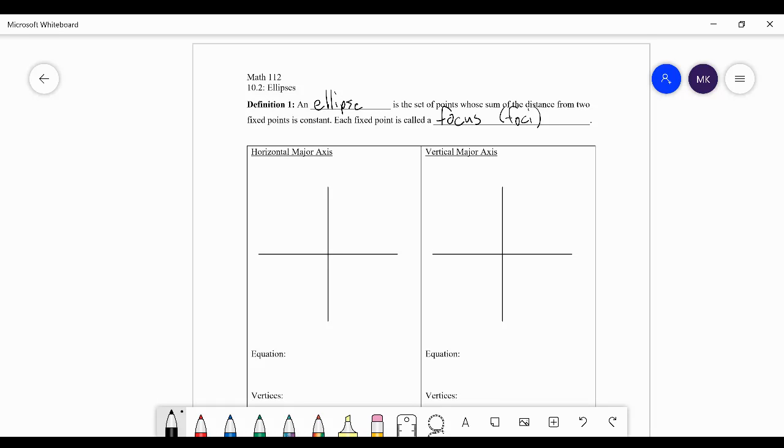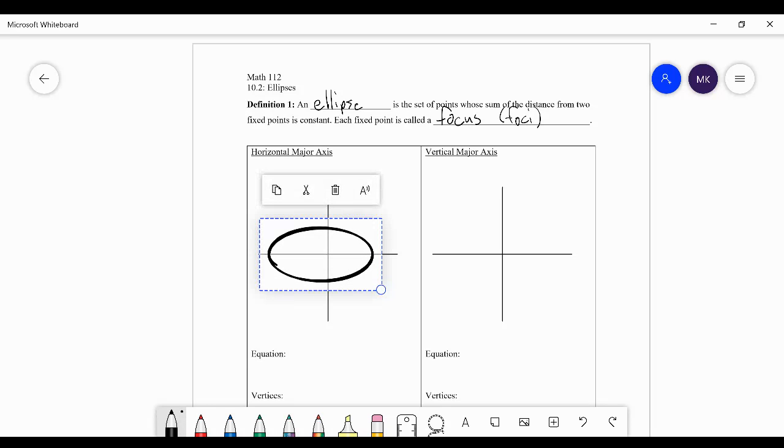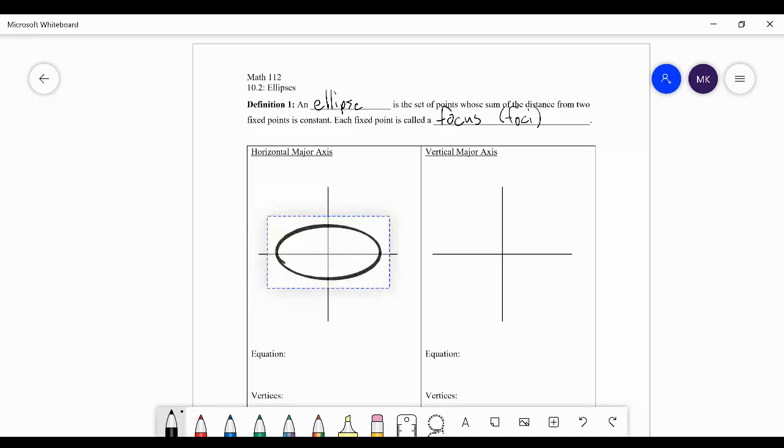Okay, so I'm going to label this out. This point right here is negative a comma 0. This point here is a comma 0.